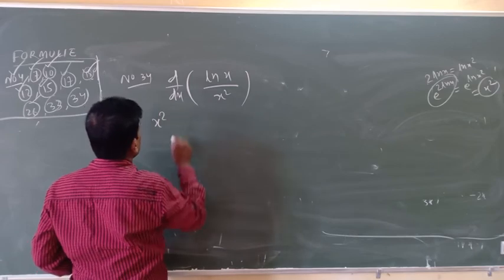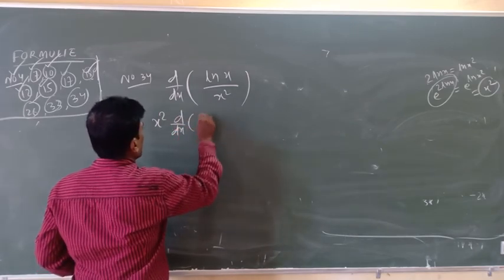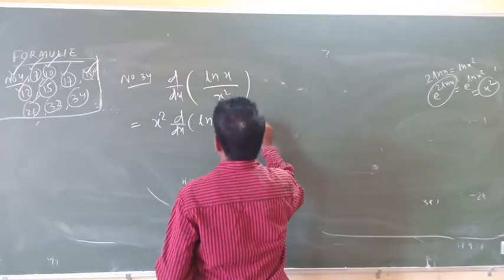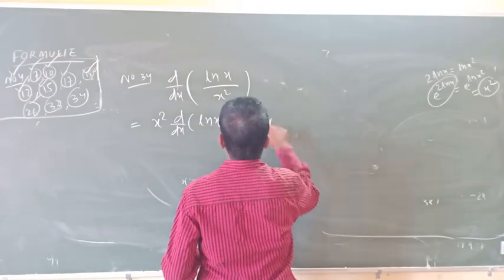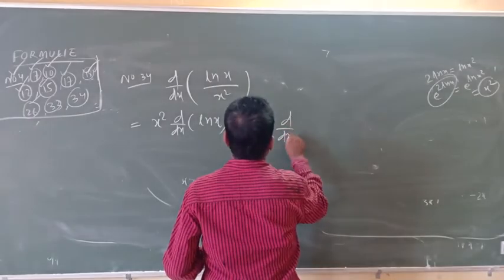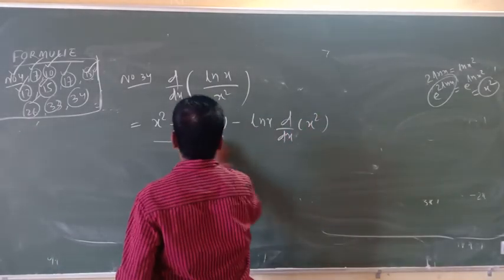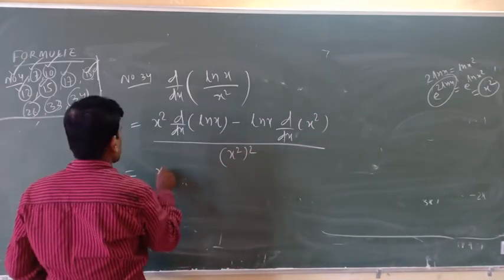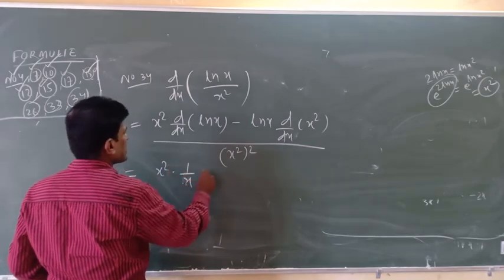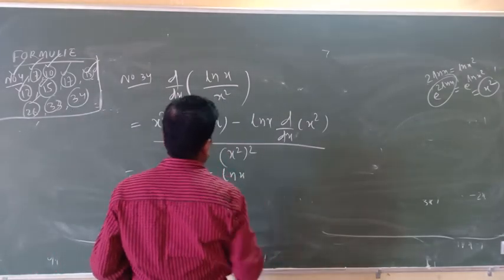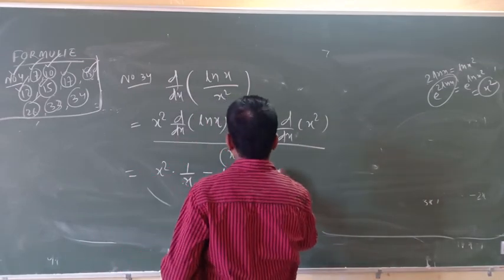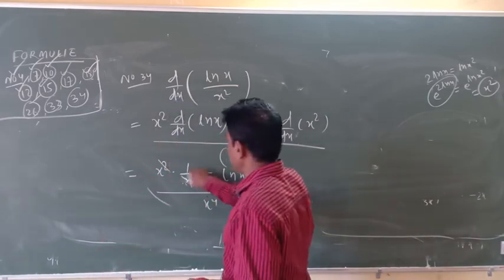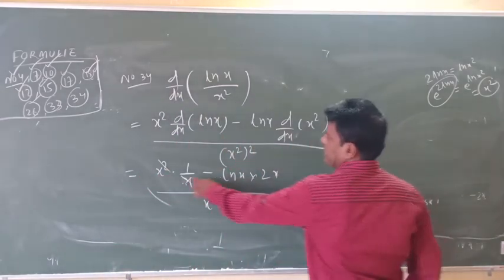So the denominator is constant, take the derivative of the numerator ln x. Then according to the formula, a minus symbol is used. Then ln x, the numerator, is constant, and take the derivative of the denominator x square, whole divided by x square. The derivative of ln x is 1 by x, minus ln x, the derivative of x square is 2x, divided by x to the power 4.